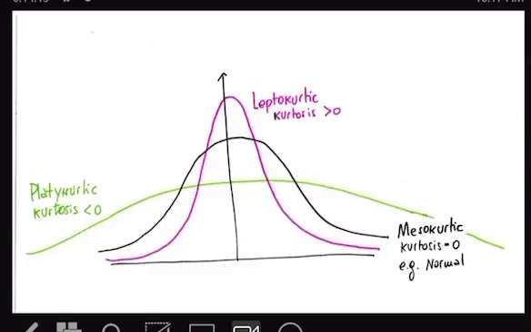And when it is platykurtic, it's going to be less than 3. So when you see the shape I'm displaying now, the green one is platykurtic, the black one is the normal distribution, and the other one, the leptokurtic, is not normally distributed.